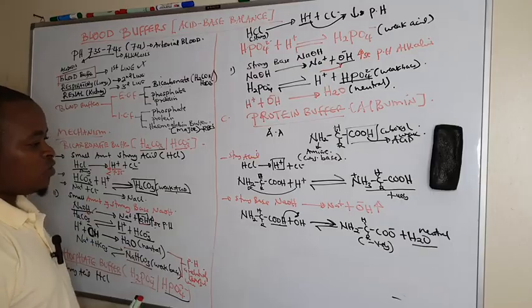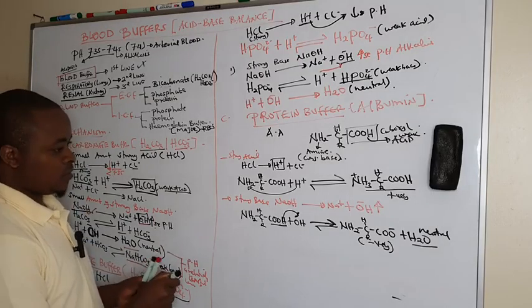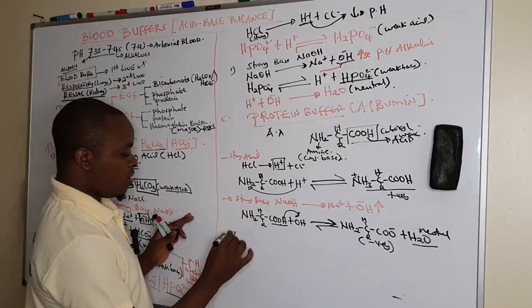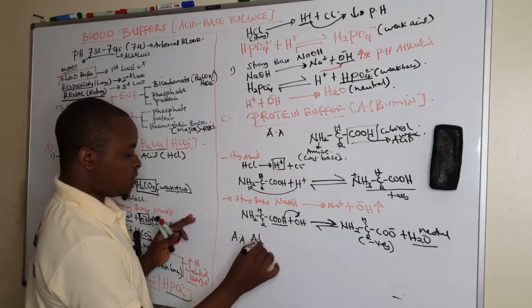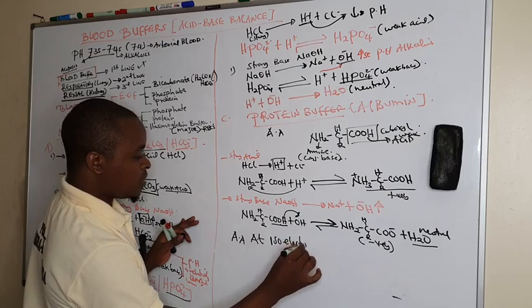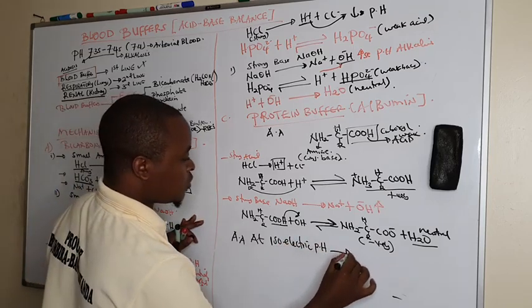But another point I want to bring on this buffer is that you have to know that amino acids at isoelectric pH exist as Zwitter ions.